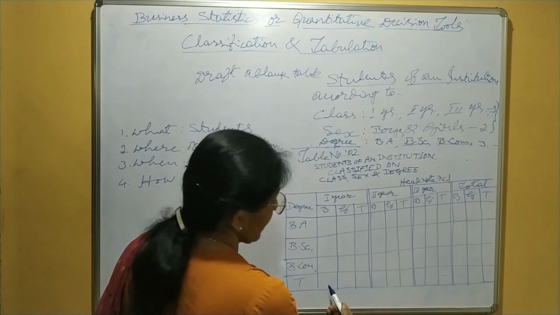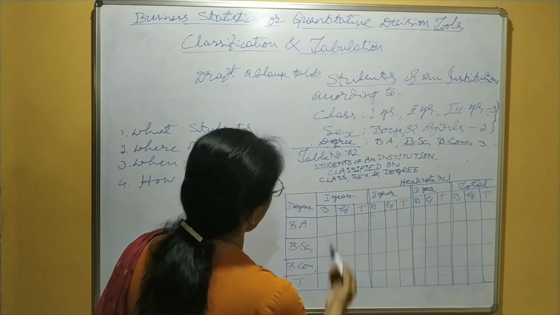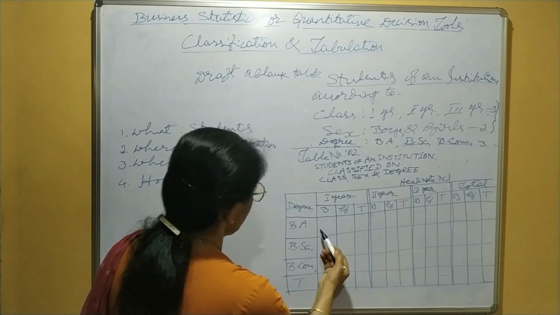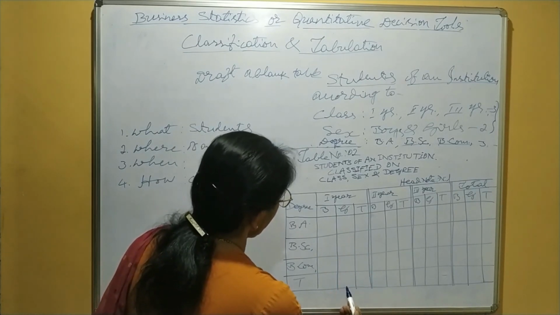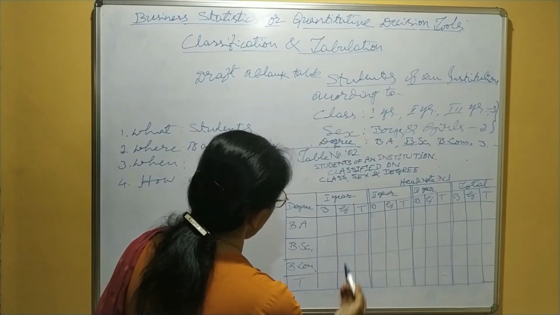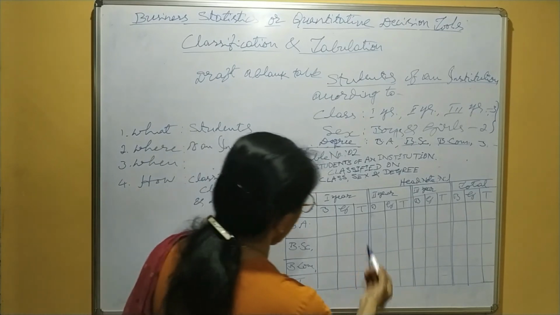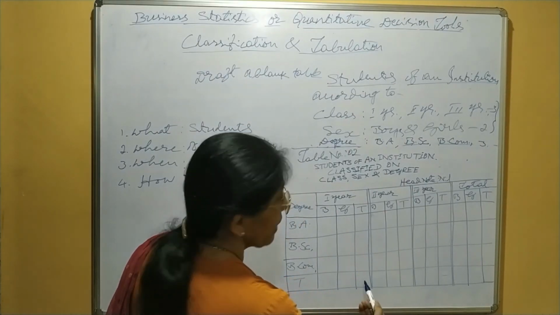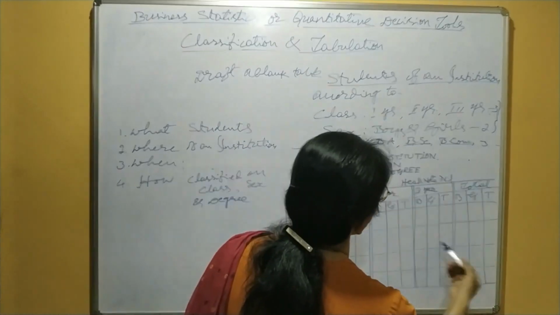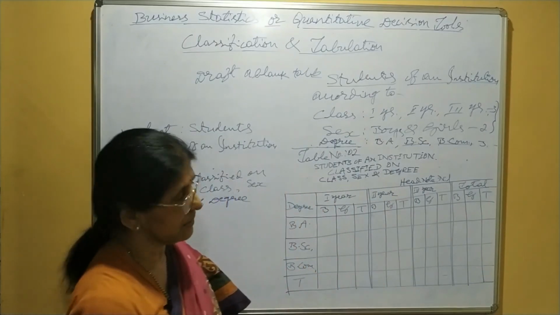Same thing in case of BSc, BCom, and here this total gives us the numerical data, total number of boys in first year including BA, BSc, BCom, total number of girls in first year in all the 3 programs, and here total number of students, both boys and girls, same thing in first year, second year and third year.